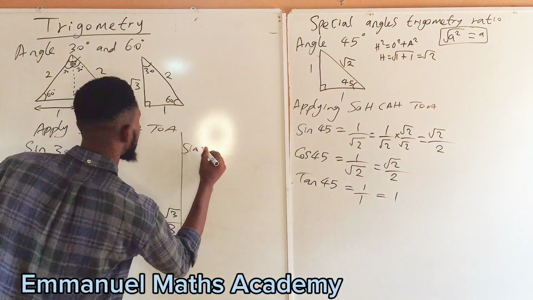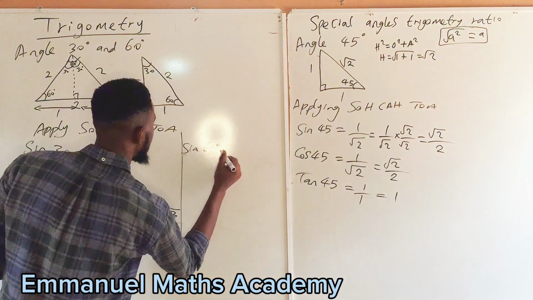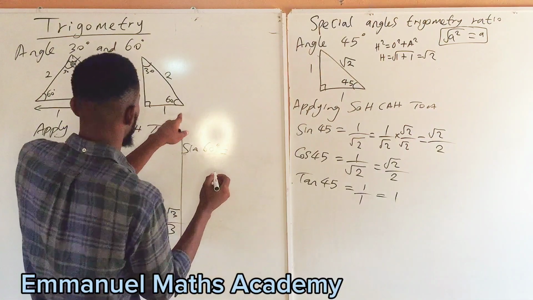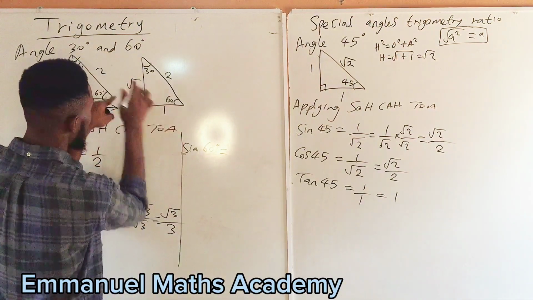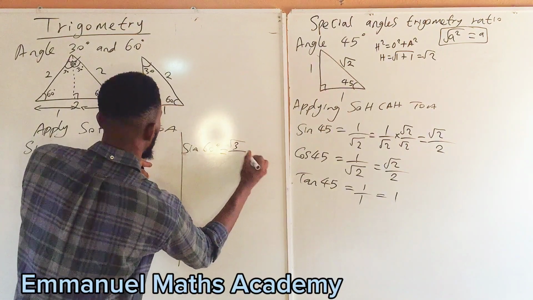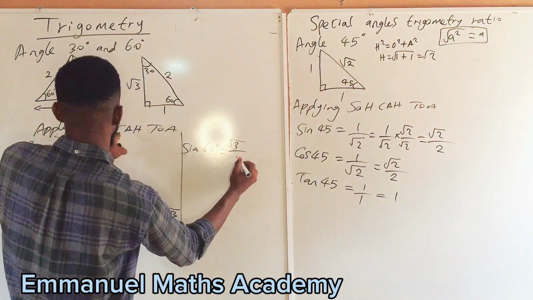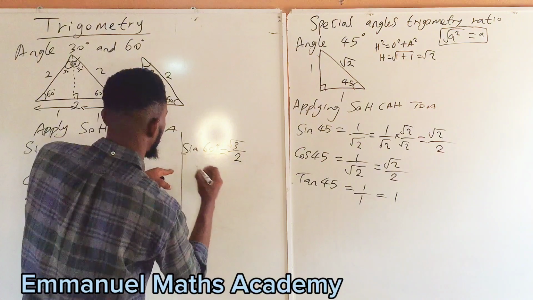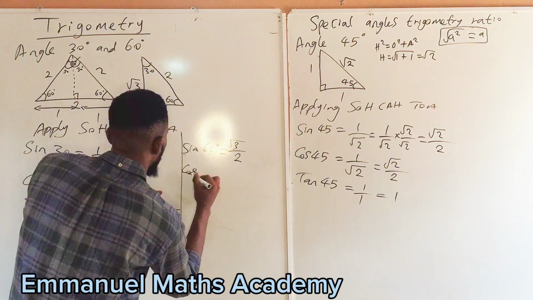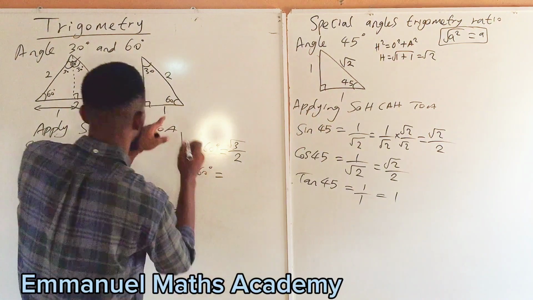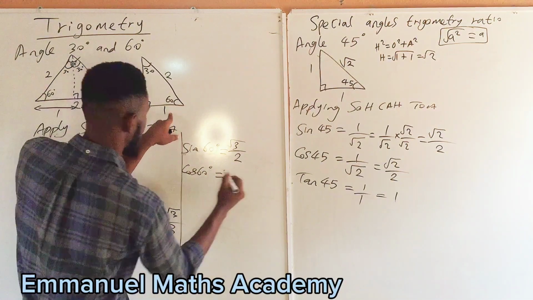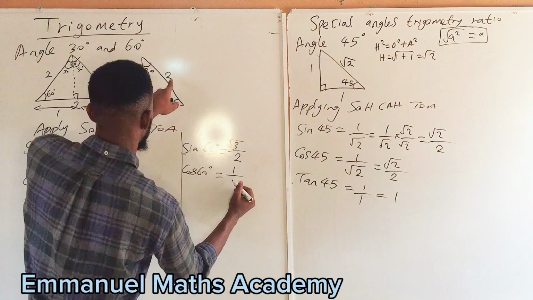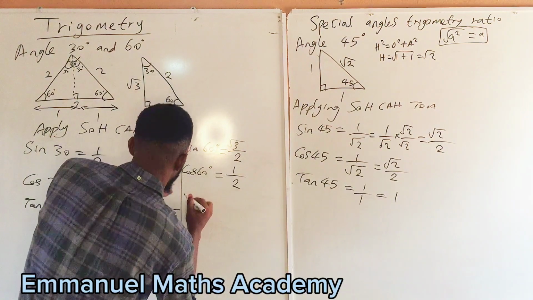Then sine 60 degrees is equal to opposite over hypotenuse. Opposite is this. You have root 3 over what? Hypotenuse 2. Then for cos 60 degrees, you have adjacent over hypotenuse, 1 over 2.